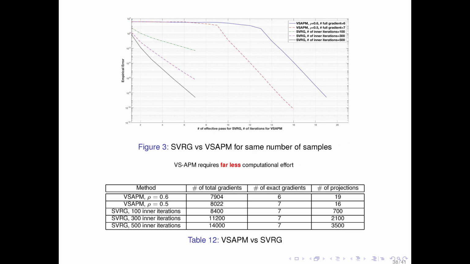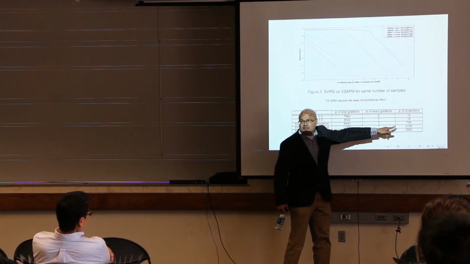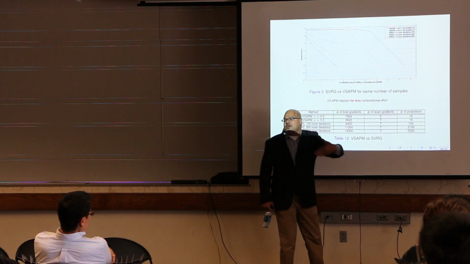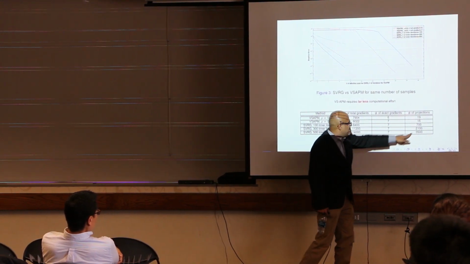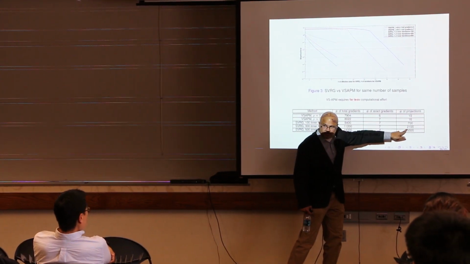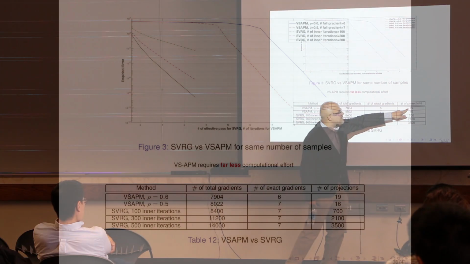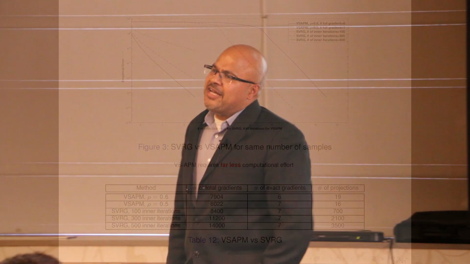So SVRG, when they have 100 inner iterations between every exact gradient, they end up taking 700, because they have 7 exact and 100 between, which means 700 iterations, which means 700 projections. In this one, when they have 300, they end up with 2,100 projections. We only needed 19 iterations, which means we had 19 projections. So the point is that we get better accuracy, but we're able to do it with far less effort.